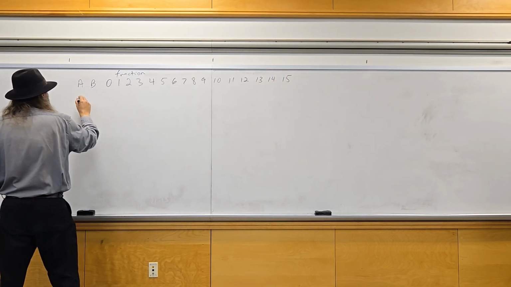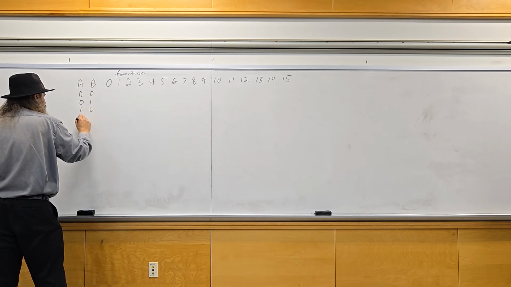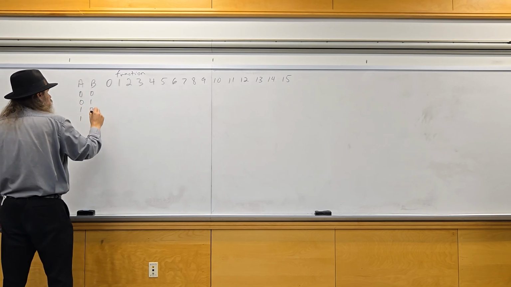So A and B would be 0, 0, 0, 1, 1, 0, 1, 1.